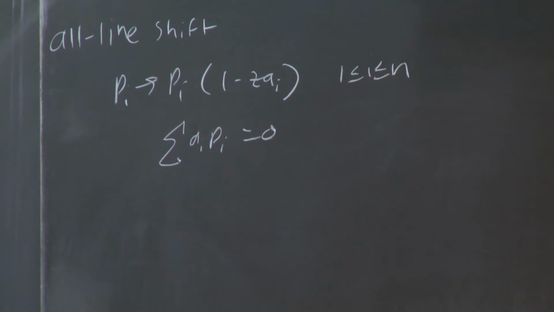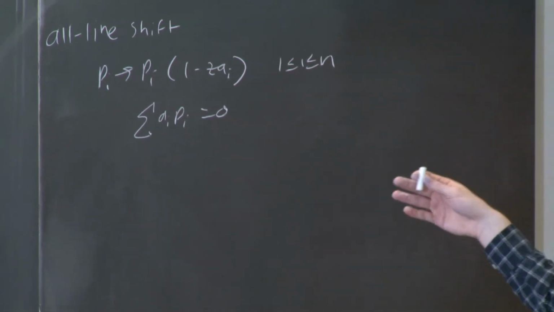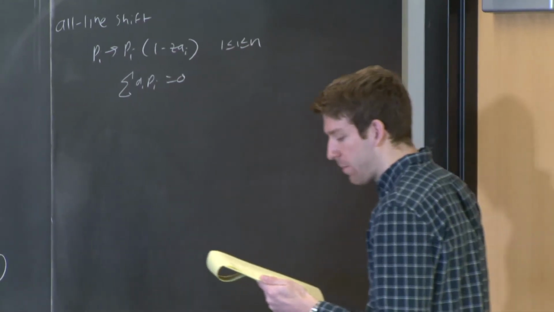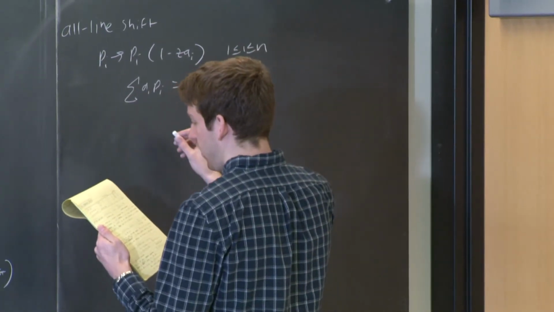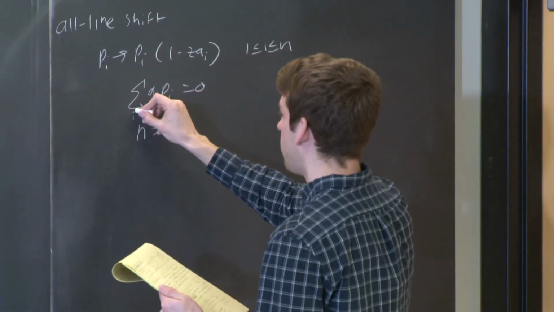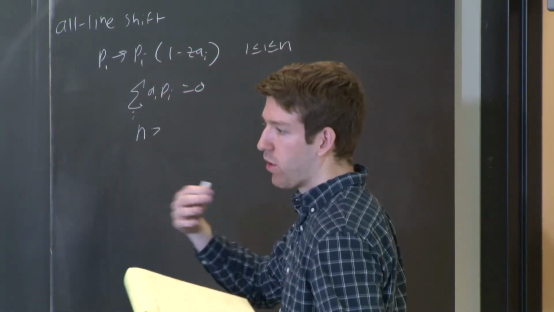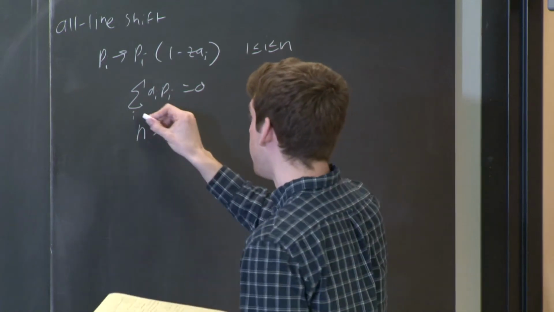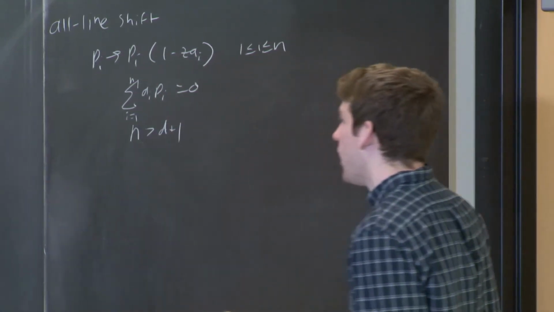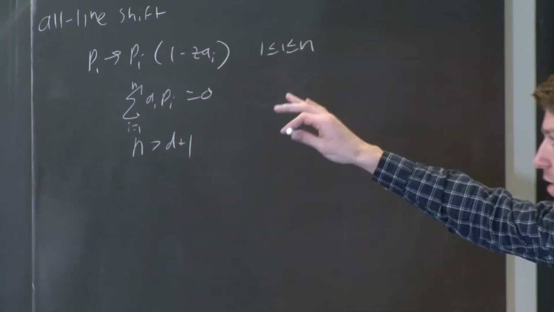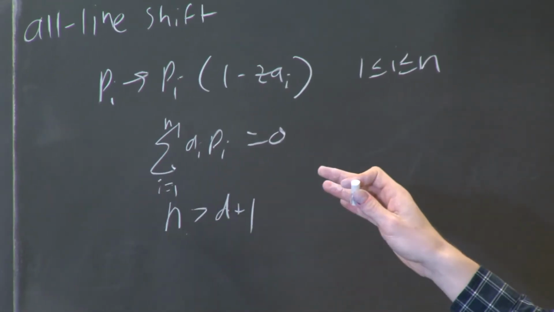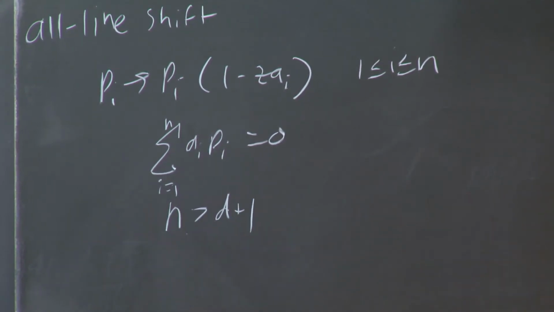And then if you count the degrees of freedom with this shift, you find that it's applicable only when n, how many particles you're scattering in your n-point amplitude, is greater than d plus 1, so this is a rather constraining condition. This won't always happen.